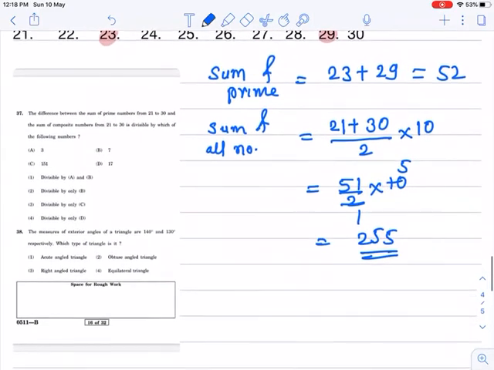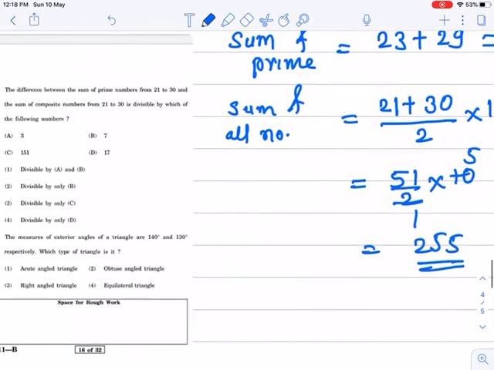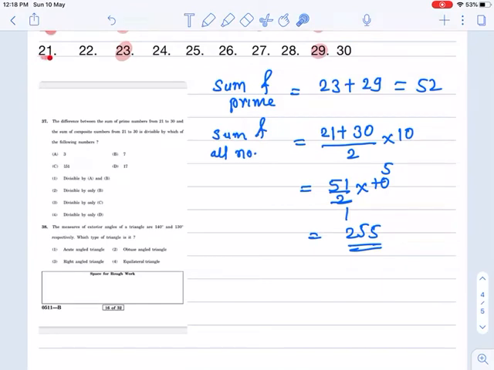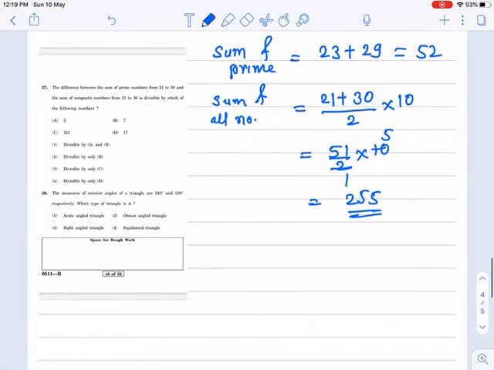Now we want the sum of composite numbers. To get the sum of composite numbers, meaning only 8 numbers, we have to subtract the sum of prime numbers.